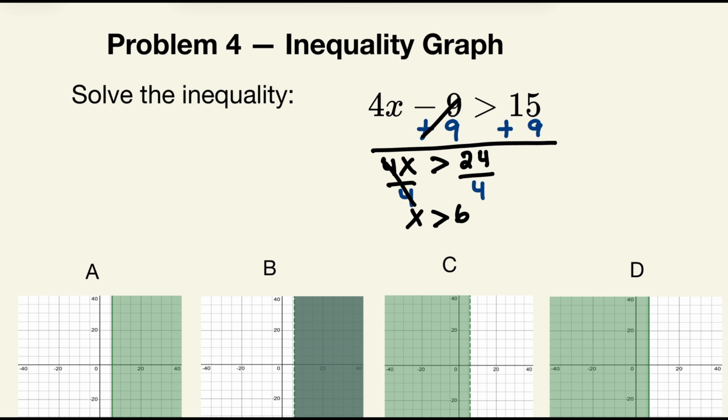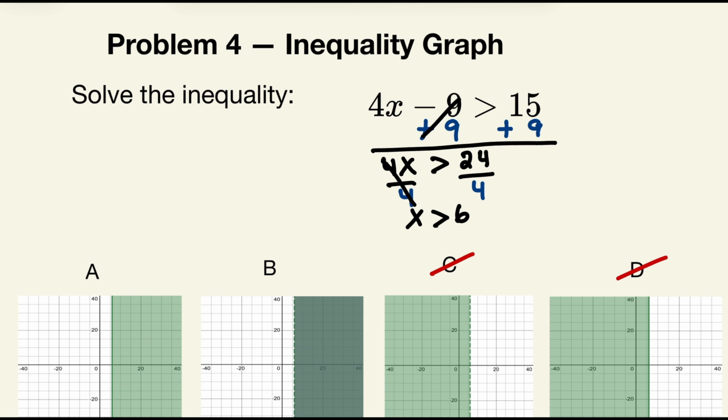All right, so now let's match our answer to the graph. Pause the video and decide which graph below correctly represents the solution. Because the inequality is greater than 6, the graph shades right. So immediately I see that I can eliminate answer choices C and D because they're both shaded to the left.